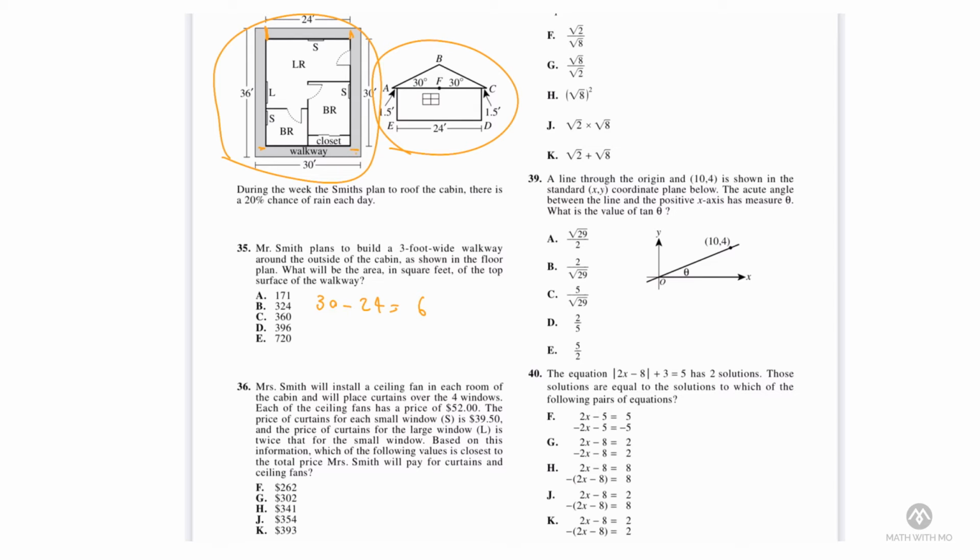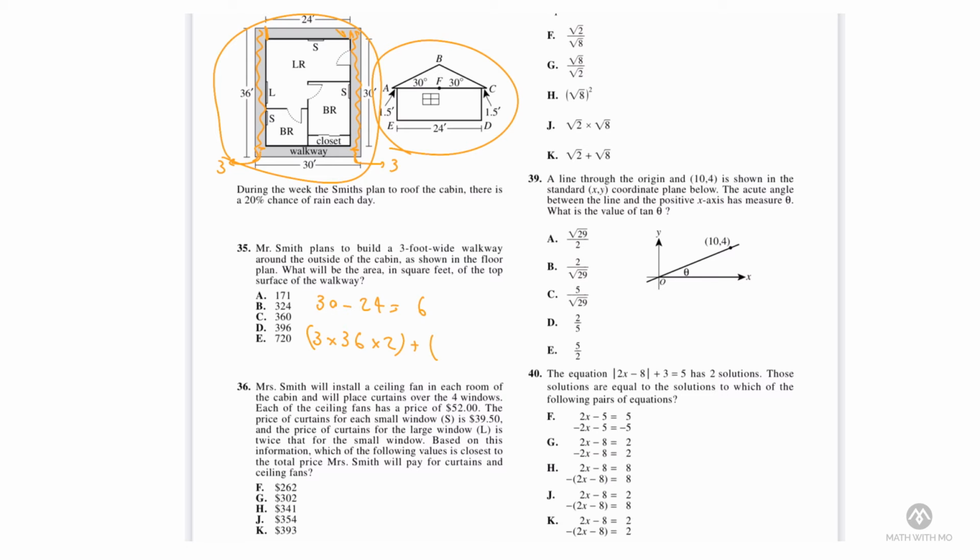Now each of these is 3 and 3 because 6 divided by 2, right? So we have 3 here. So this part is basically 3 times 36. Because we have 2 of them, it's going to be times 2 plus.